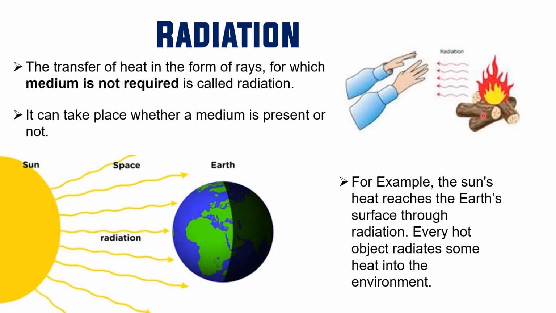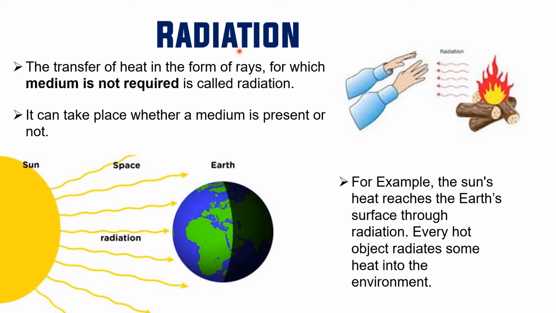The next transfer of heat is radiation. You have heard of UV radiation and IR radiation. UV radiation means ultraviolet radiation, and IR means infrared radiation. All these radiations come from the sun. And the ozone layer protects the earth from these radiations emitted by the sun.